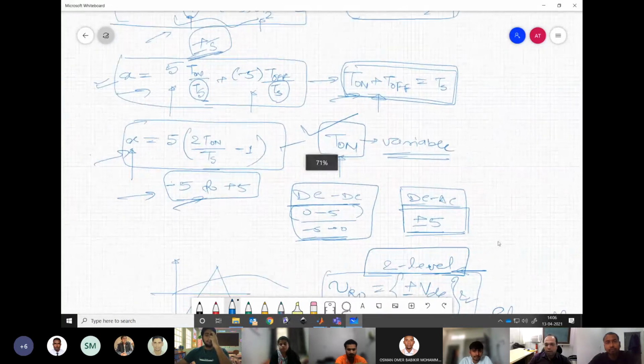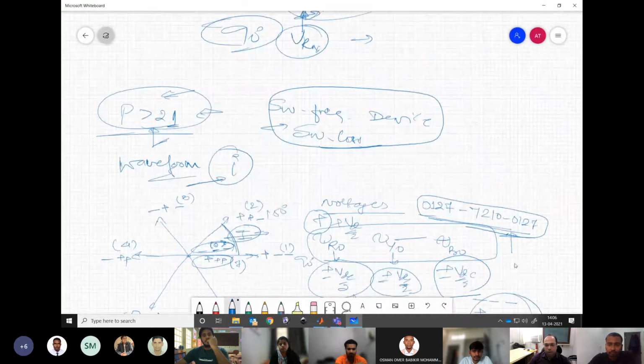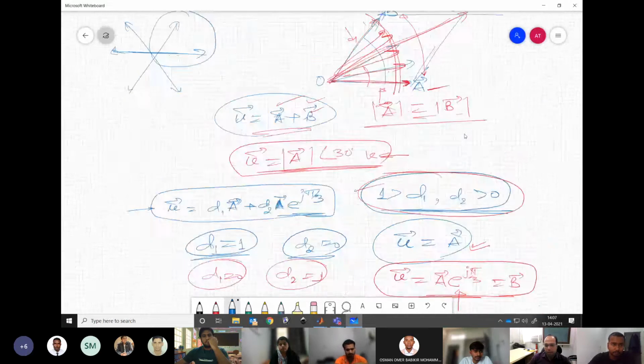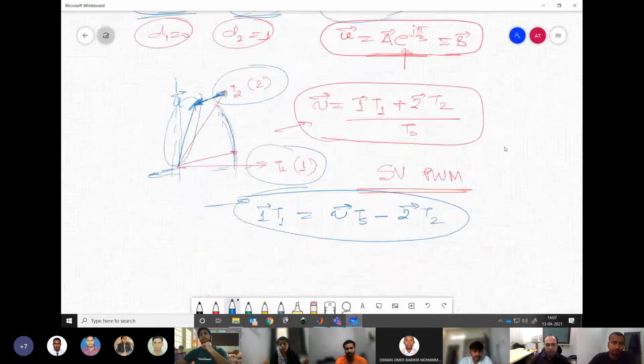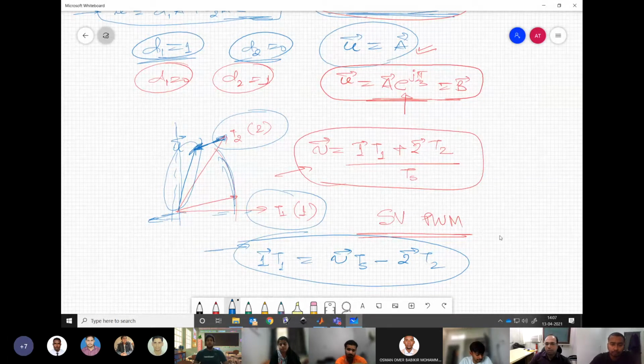But here, since we are dealing with a vector quantity, two things are associated with it: one is the magnitude and another is the phase. That's why d1 and d2 are both important for realization. These both are necessary, or T1 and T2.